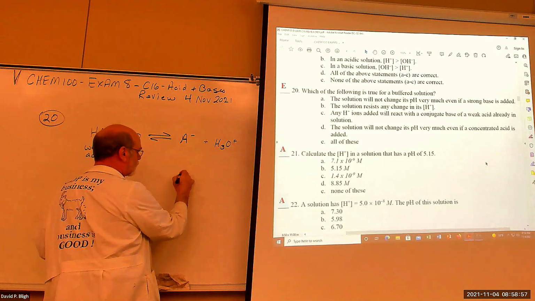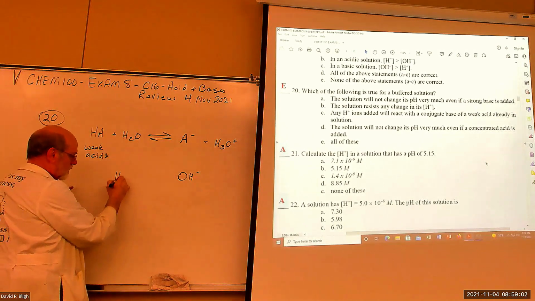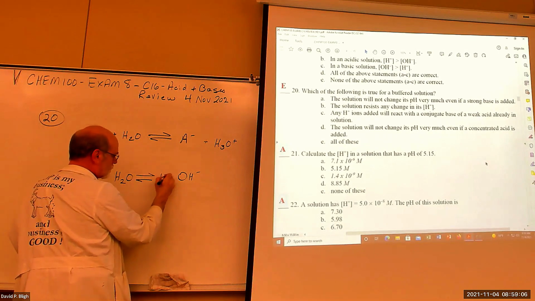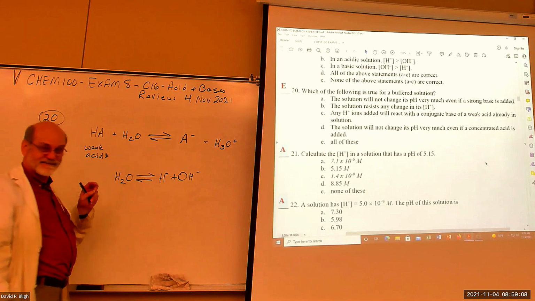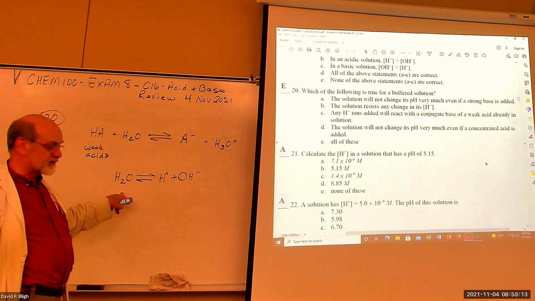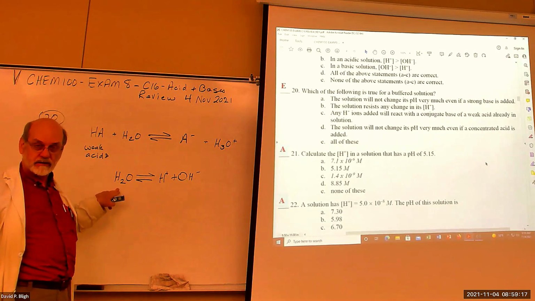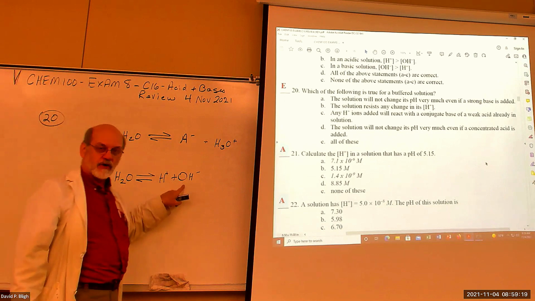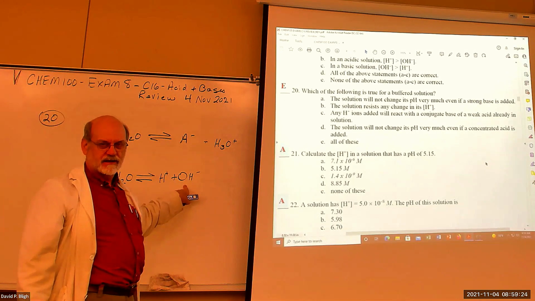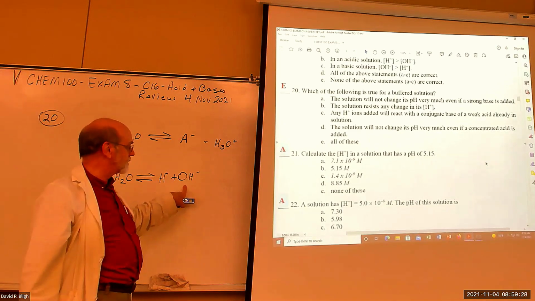What does it react with? Well, remember, hydroxyls are based upon this reaction. This is a very, very weak acid. Its K value is 10 to the minus 14. That means it wants to be over here. It's a weak acid. That makes hydroxyl an extremely strong base. It will take protons like that.